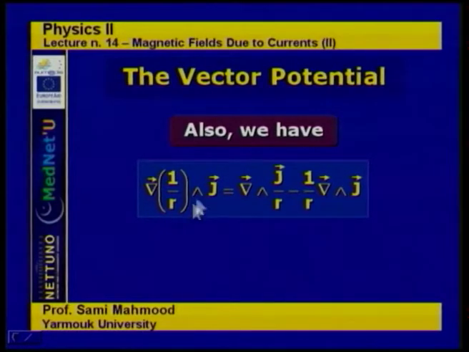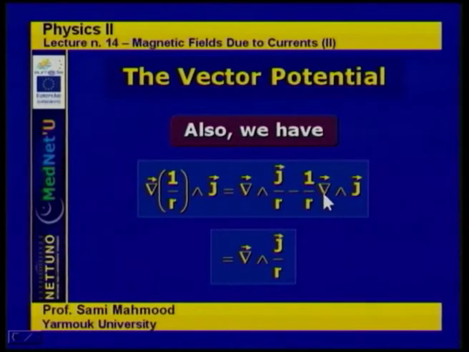The gradient of 1 over R cross J is simply equal to the curl of J over R, or grad cross J over R, minus 1 over R times the curl of J. This is an identity, like applying the derivative to two different variables, and this is simply equal to grad cross J over R, or curl J over R.